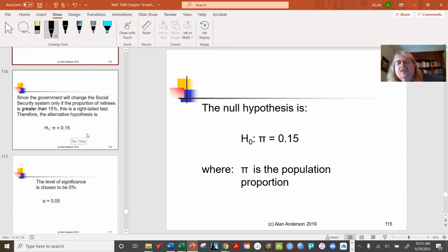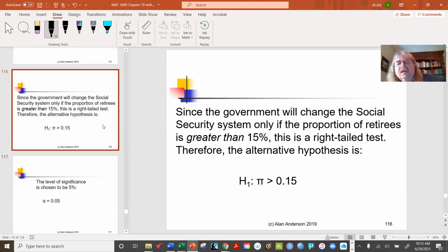And then it's a right-tail test because we're looking for evidence that the proportion may have risen above 15%. So therefore it's a right-tail test. They don't care if it's below. That's not a problem, all right? If it's less than 15%, then the Social Security system is sound, or well, it's less likely to fall apart. So let's choose alpha to be, as usual, 5%.